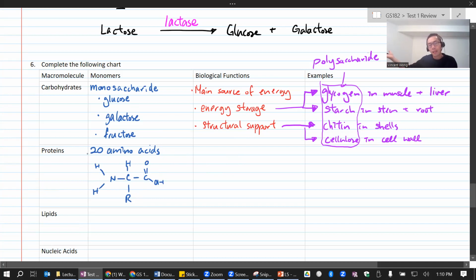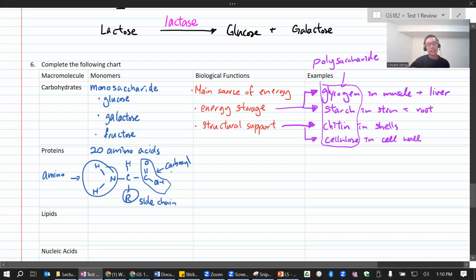If I ask you how many amino acids make up proteins, you know you have to choose 20, right? Okay, thank you, sir. So we have the amino group here, the carboxyl group, and then the side chain, right? What makes one amino acid differ from the other is the side chain.